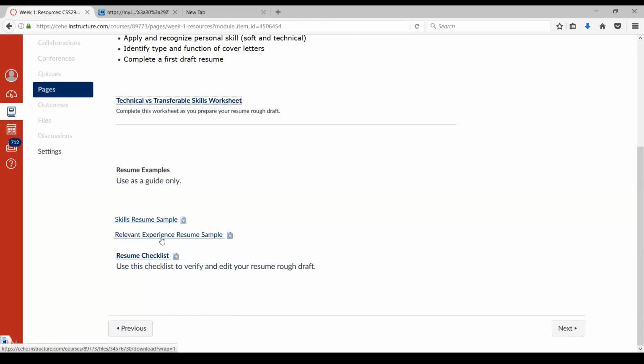Resumes can take many forms. But the one thing I'll emphasize again: keep your initial resume to one page.